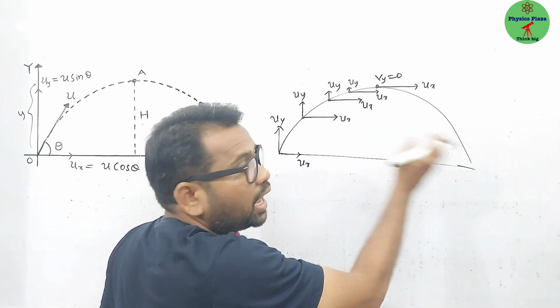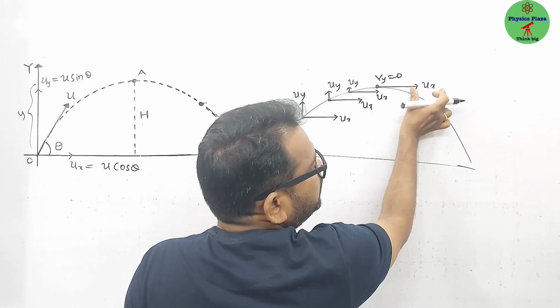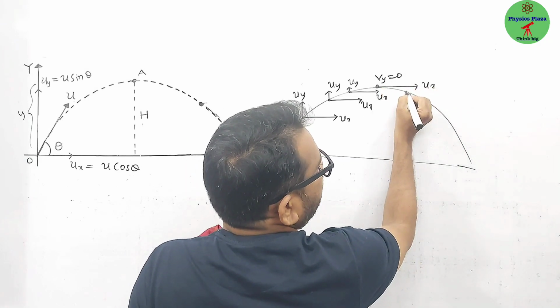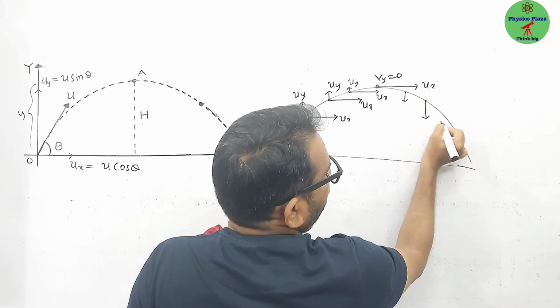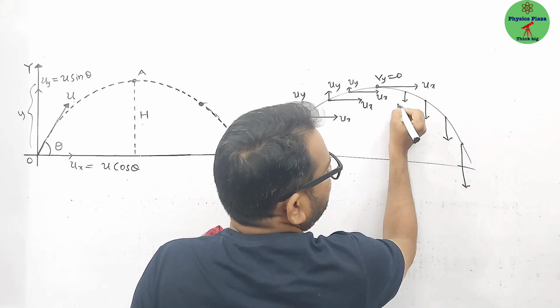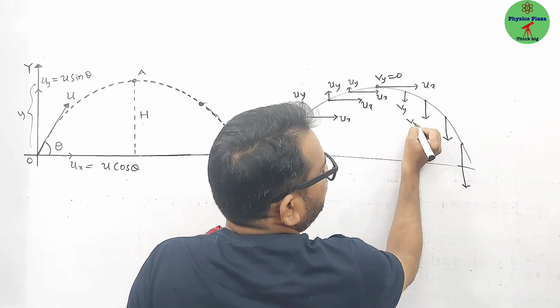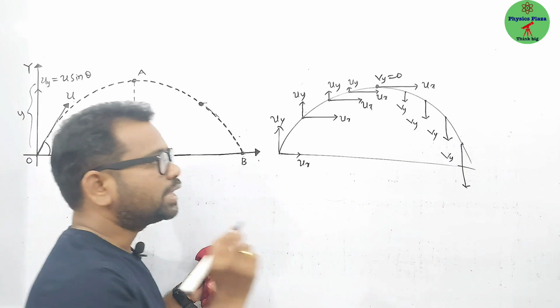Again, after that, at every point the horizontal component will be the same only, but the vertical component will be like this, like this, like this, which means what? Here the vertical component of the velocity keeps on changing.